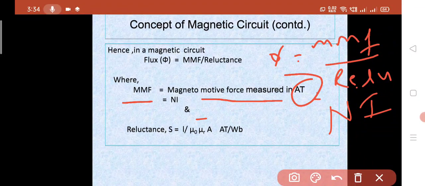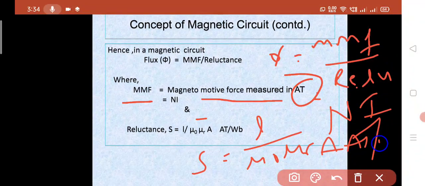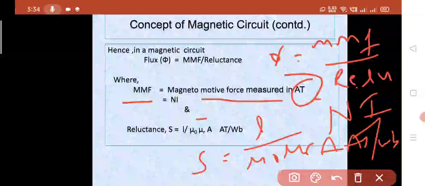And the reluctance S is equal to L by mu naught mu r A, ampere turns per Weber.